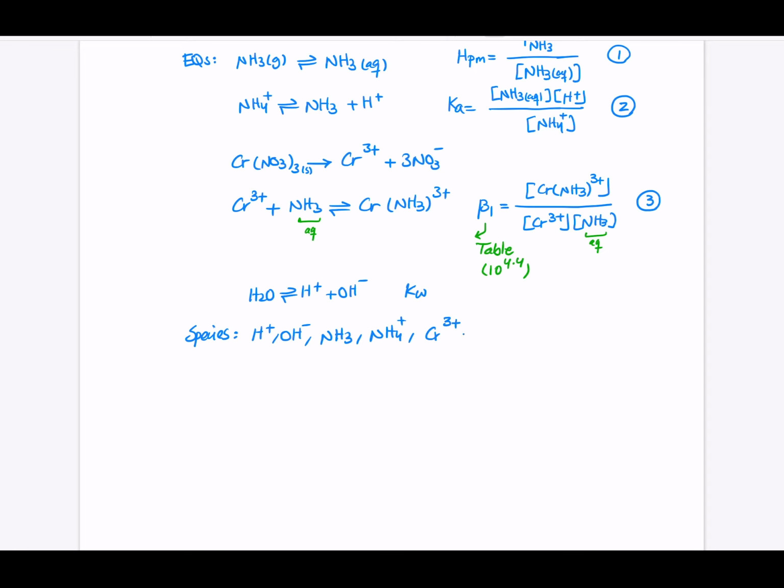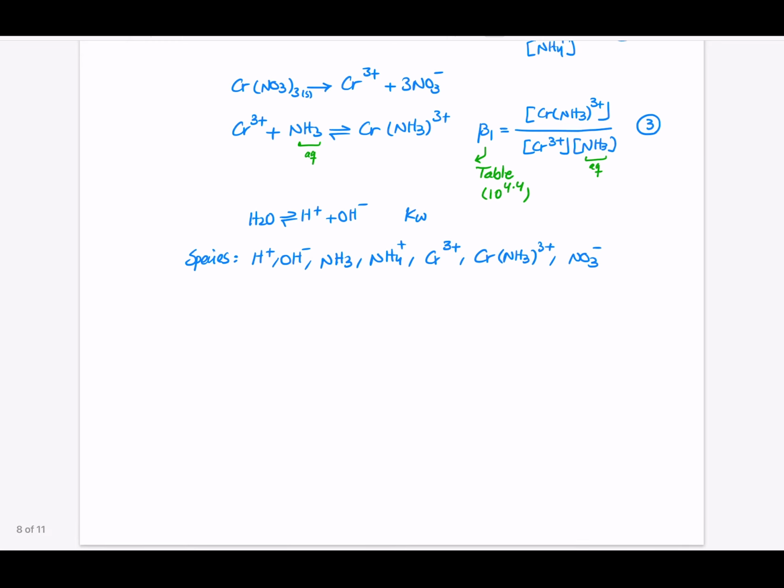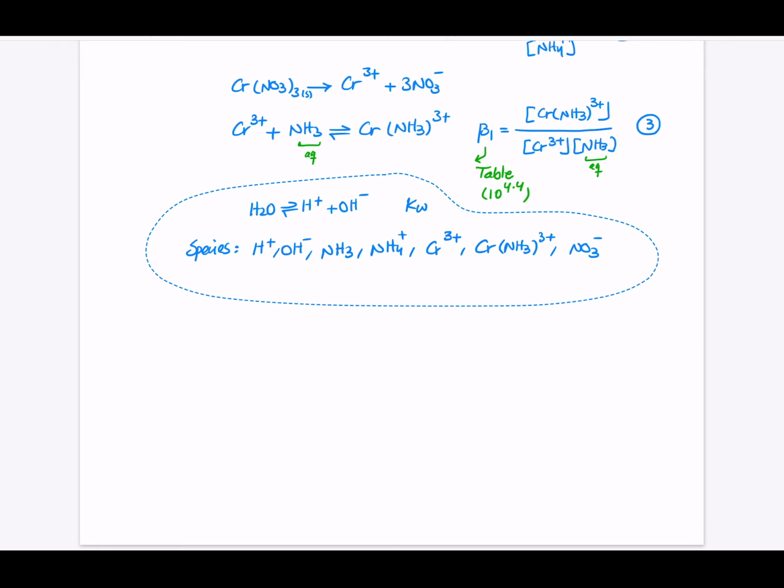So chromium 3 plus, chromium ammonia, and nitrate. So we have all the species. Since we know how the species are introduced, we can also look at the charge balance.